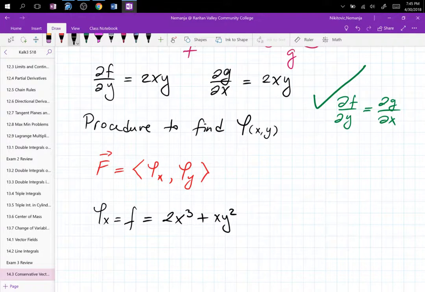You see that the derivative was taken with respect to x, right, to get this. What's the opposite? The integral in x, yes. So I'm going to integrate 2x cubed plus x y squared dx.